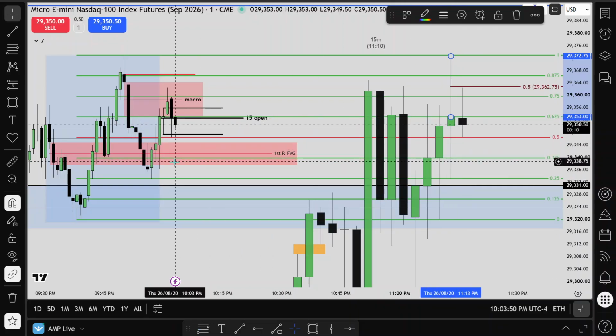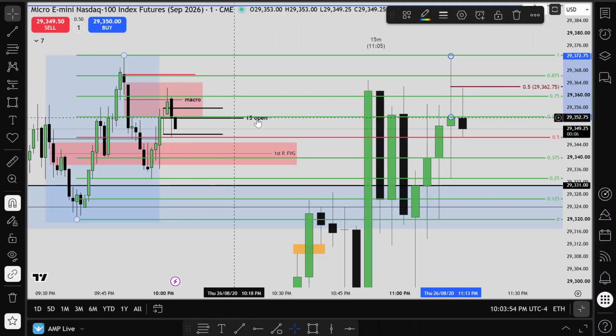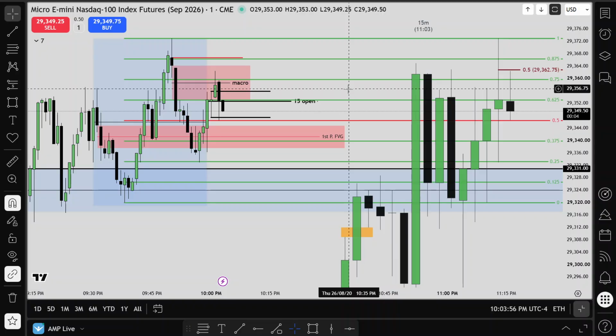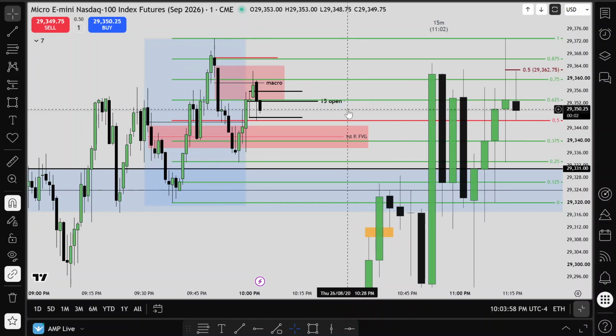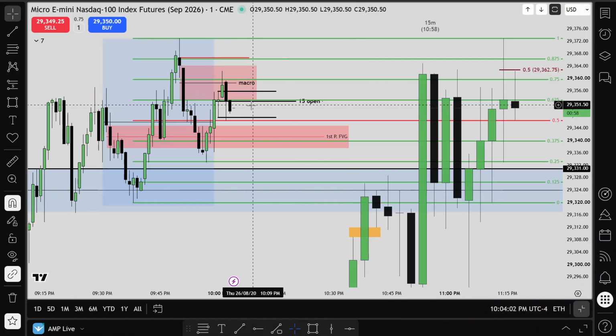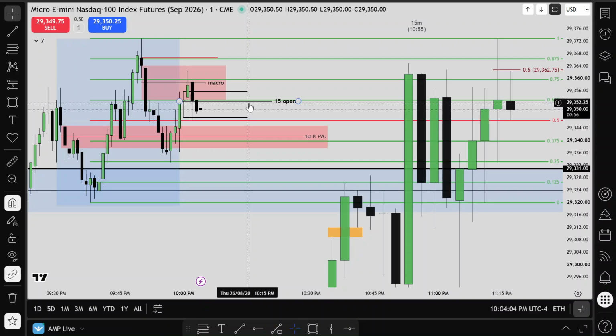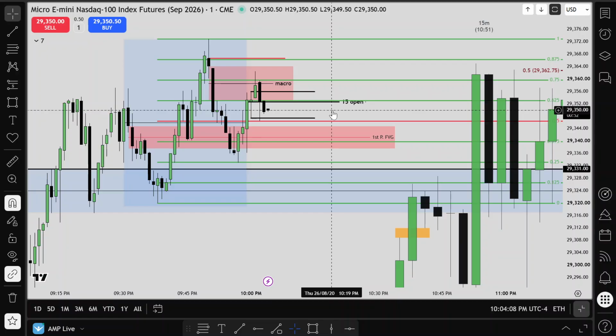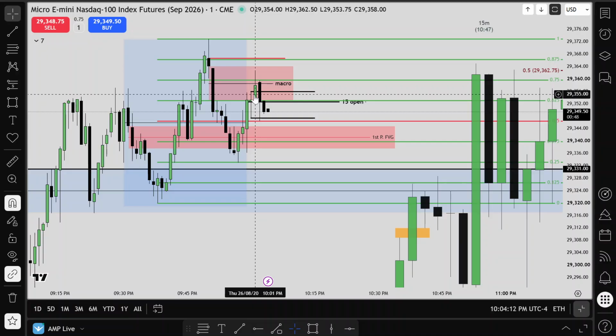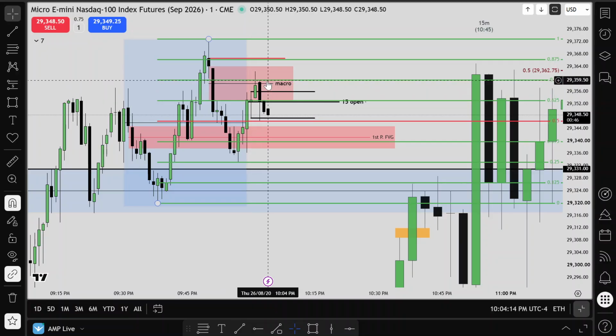Boom, right there. So that's what we went up. Just got to that. So 15-minute open. This one closed above it.